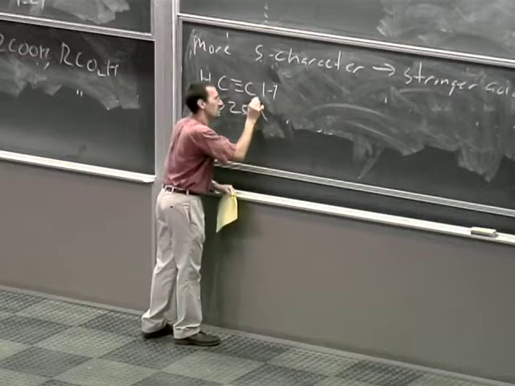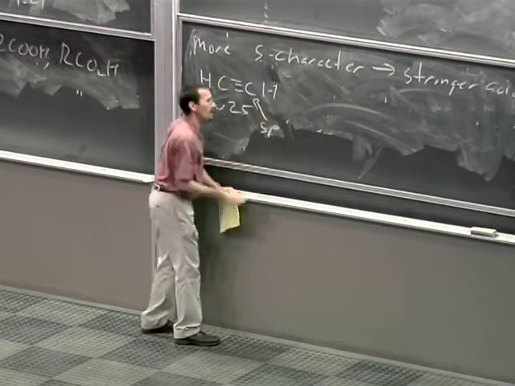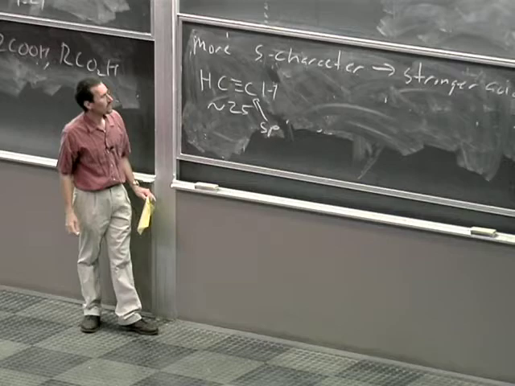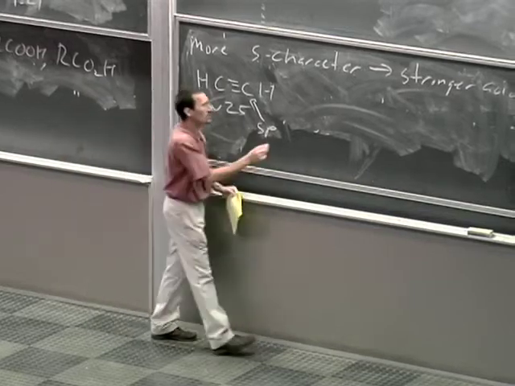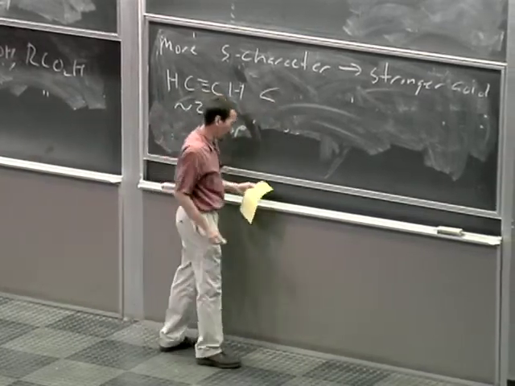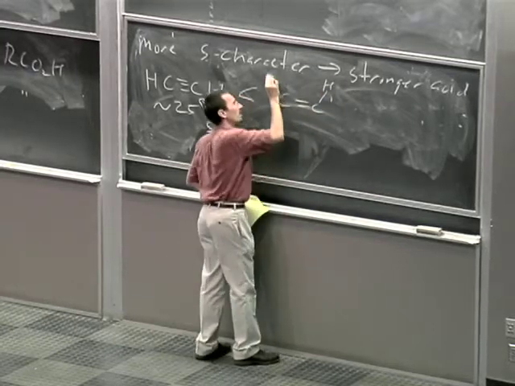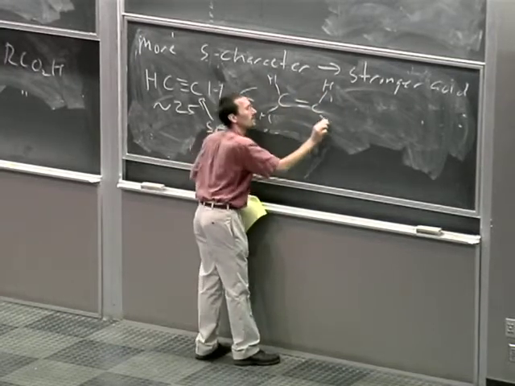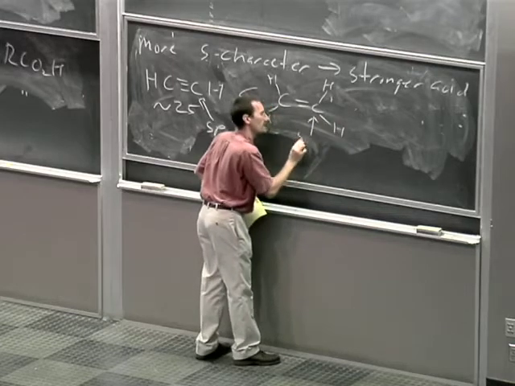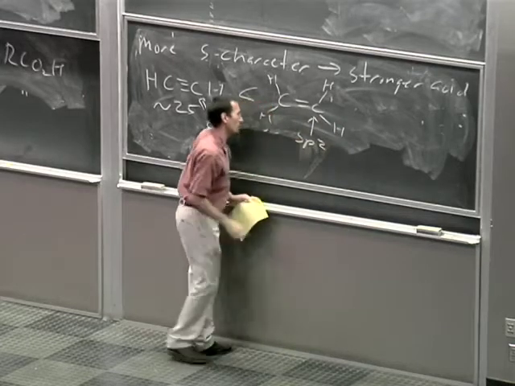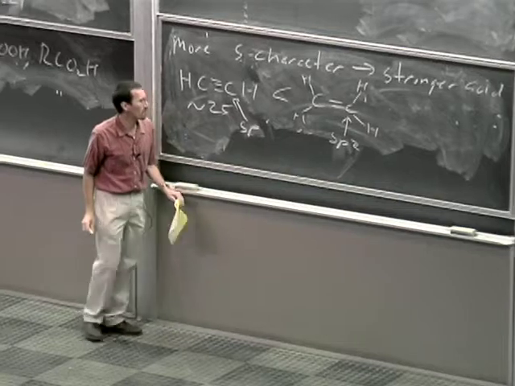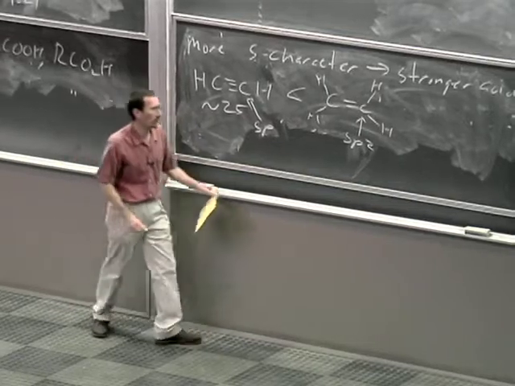Remember, the CH is sp hybridized. It was a much stronger, very weak acid than ethylene and alkenes, the sp2 hybridization. Remember, alkenes have a pKa of about 44.